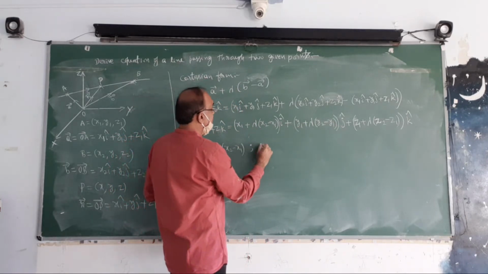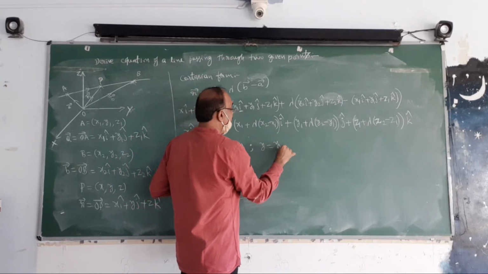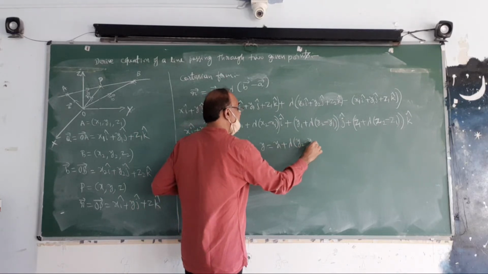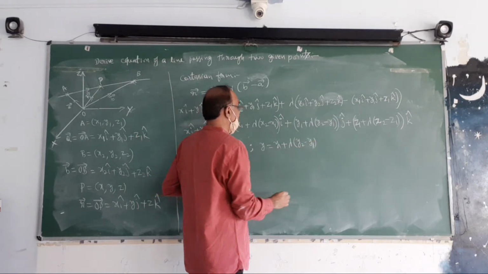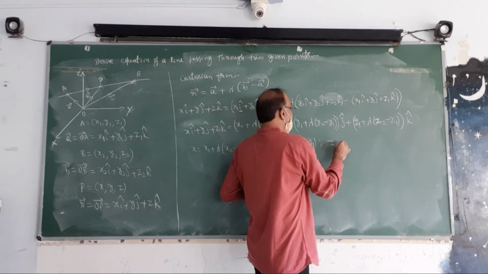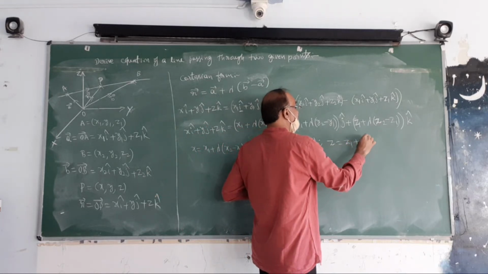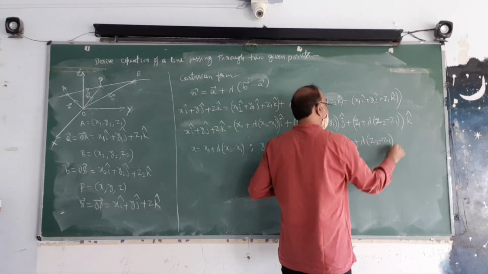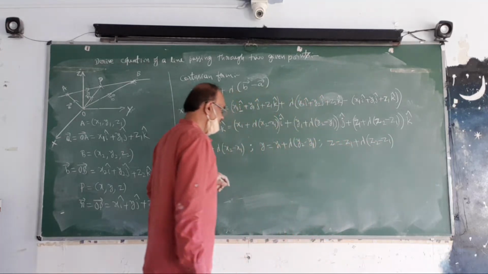Next, y equals y1 plus lambda times y2 minus y1. Here, z equals z1 plus lambda times z2 minus z1.